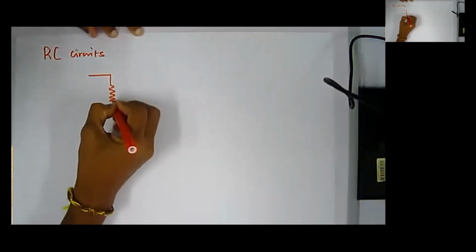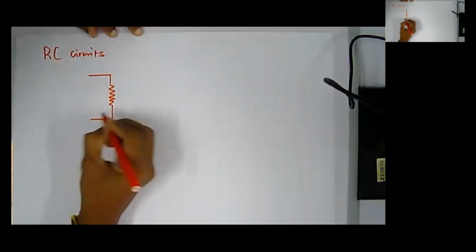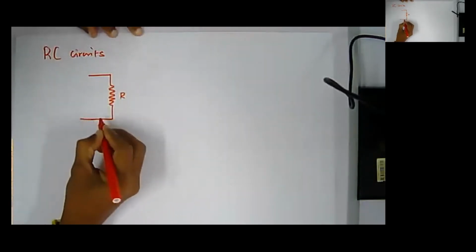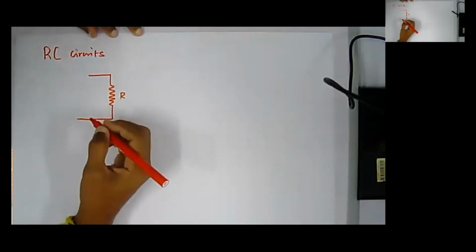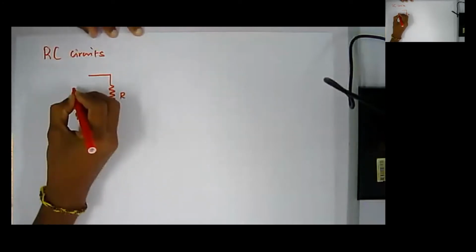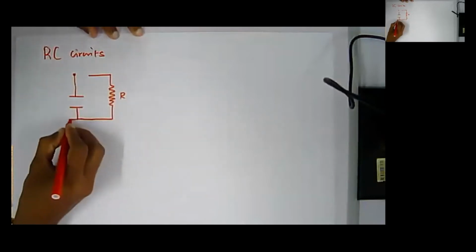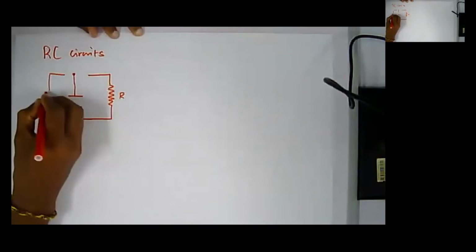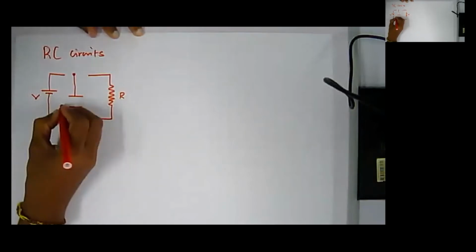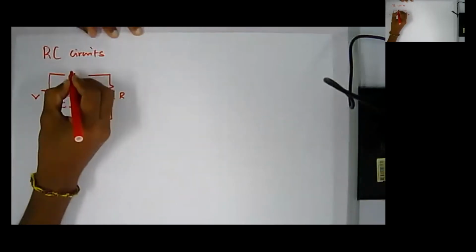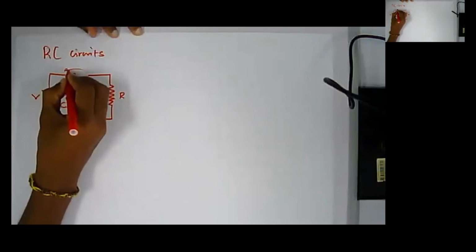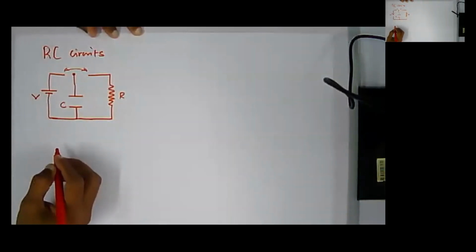Consider this circuit, which has a resistor R, and then a capacitor C, and on this side we connect it to a huge battery with EMF of V. This is a two-way switch, right? It can move like this.